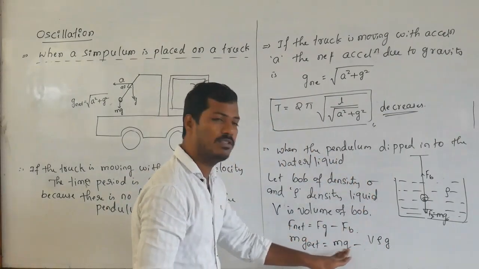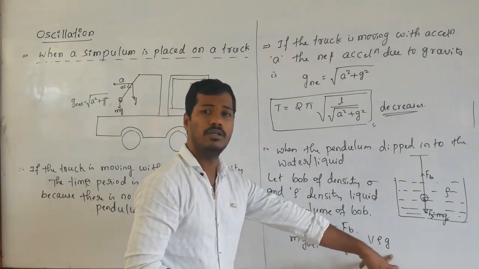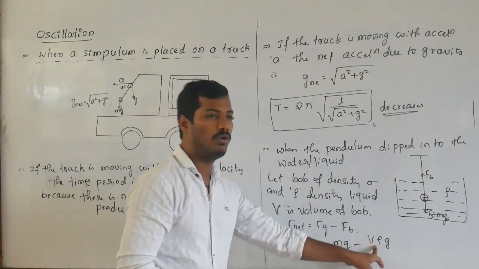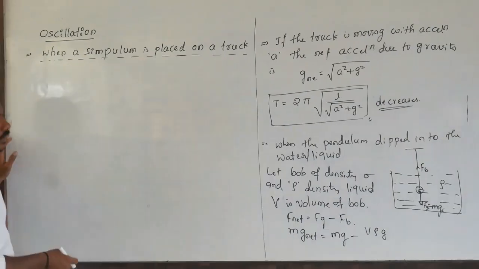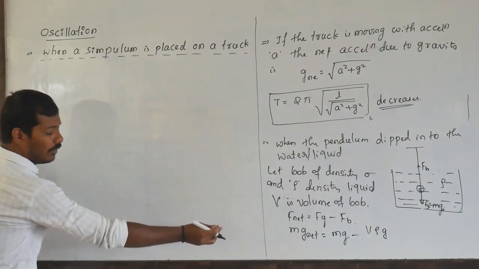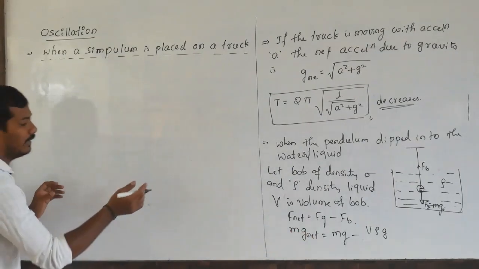Mg net is equal to Mg minus B rho into G, where B is the volume of the bob. Next, we have to calculate the G net.